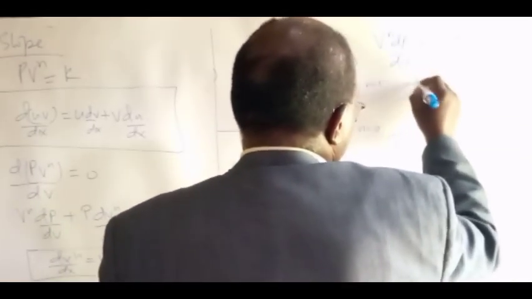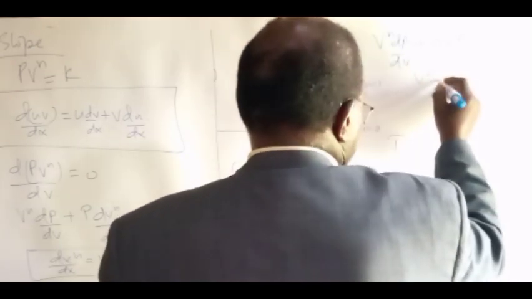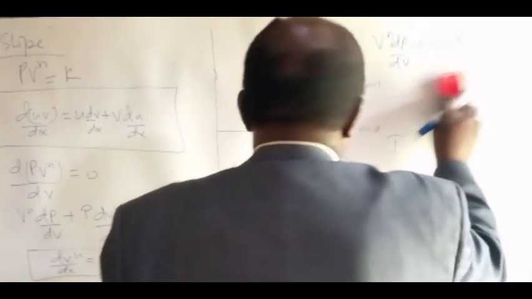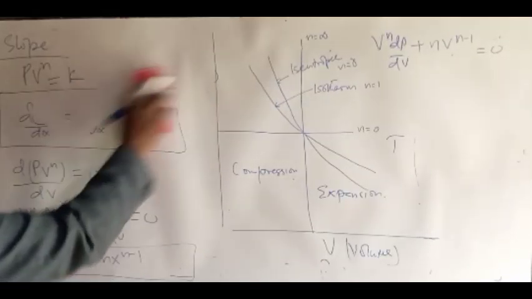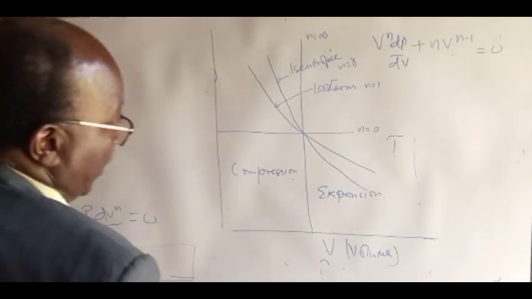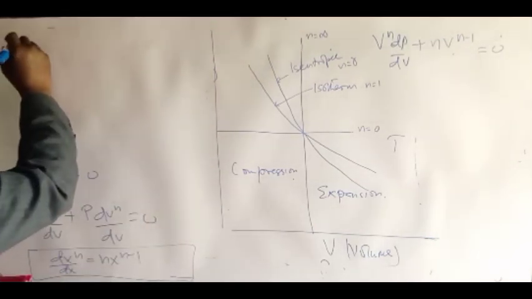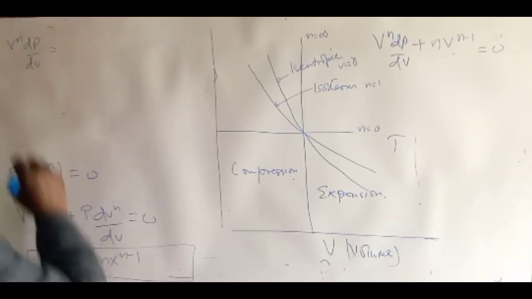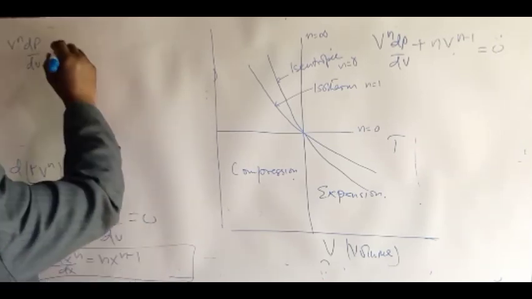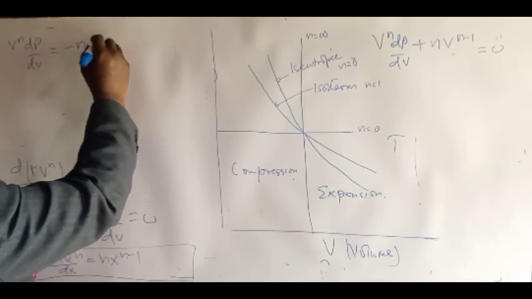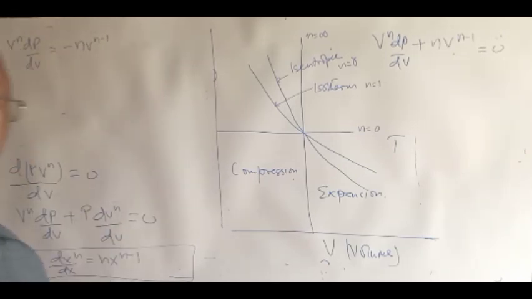Now, we can rearrange these particular quantities. So we have v^n dp over dv is equal to minus n v^(n-1).